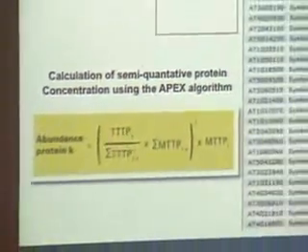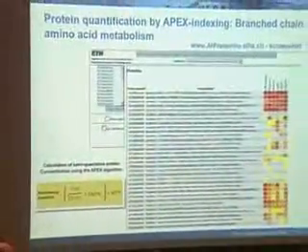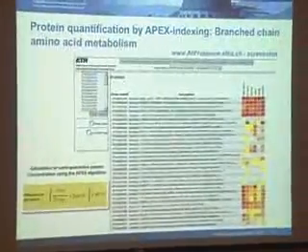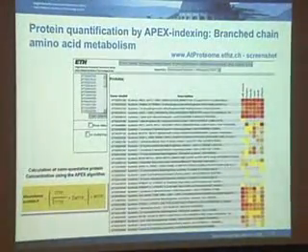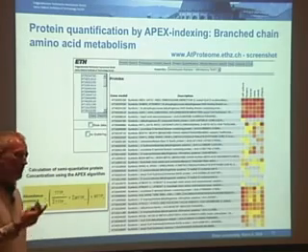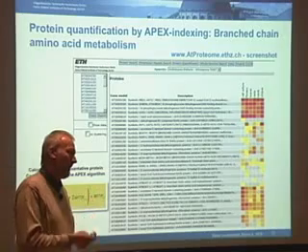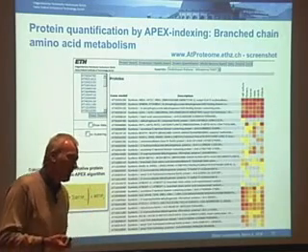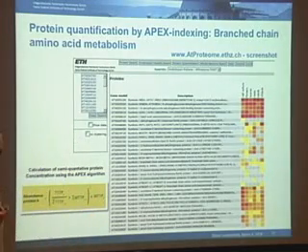Based on this algorithm, we simply quantify the spectral information that we get, and then we put this quantitative information into the database so that you can go in there and get quantitative information on the accumulation of these proteins in specific tissues. So you have basically your Western blot analysis in the database. That gives you a very good indication to what level these proteins are actually expressed in Arabidopsis in the various tissues and organs.